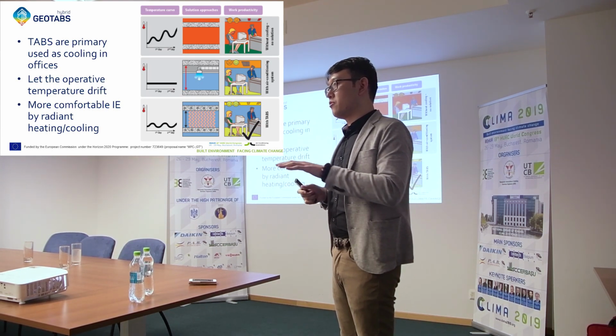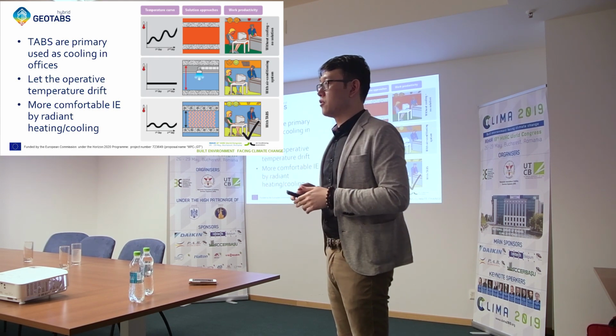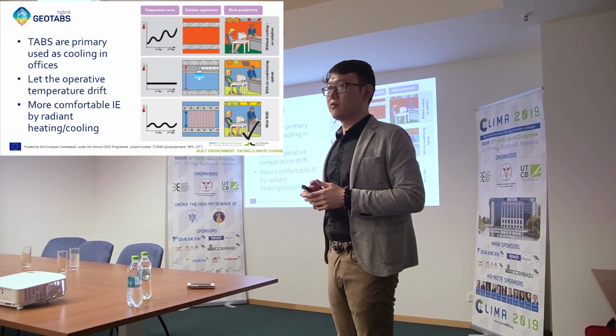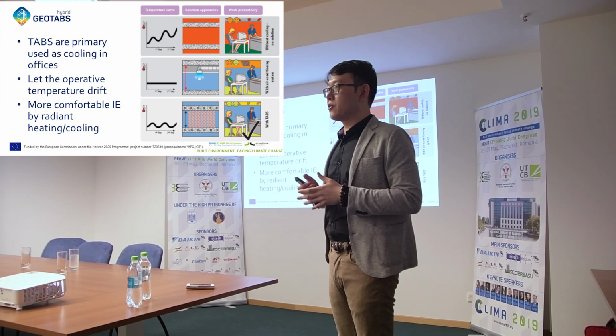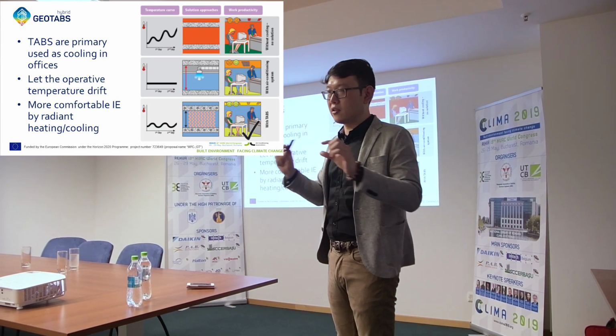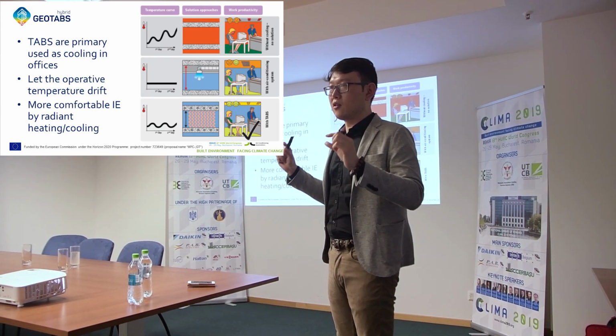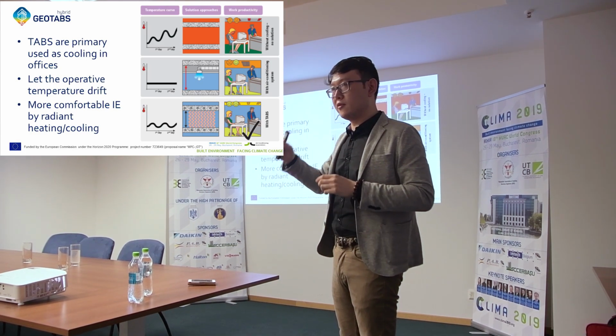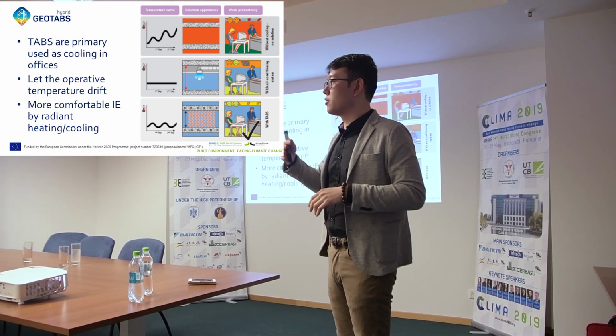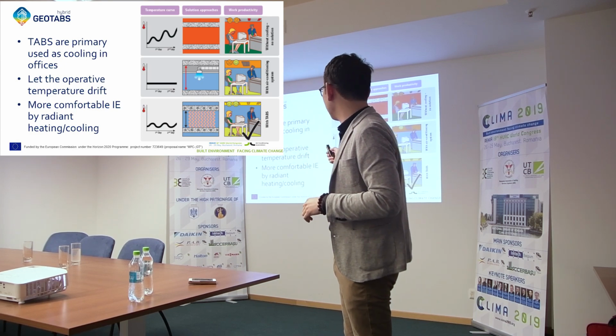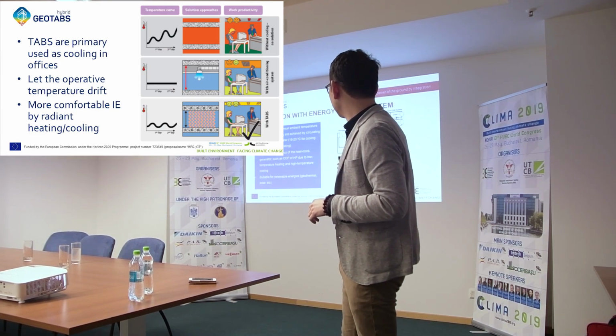We let the temperature drift a little bit, but within the comfort bounds. This is the best way of using TABS. This sometimes happens when engineers design: they set a very strict operative temperature, for example, and this is not the best way of using TABS. You should let the operating temperature drift a little bit within certain bounds. Okay?